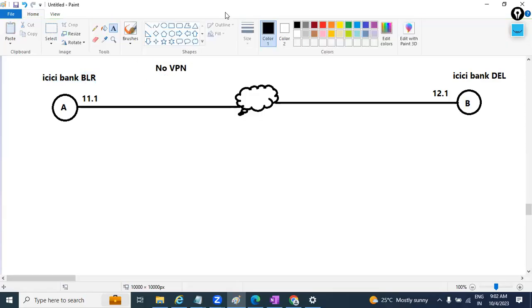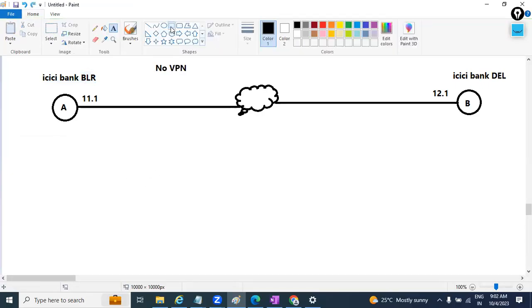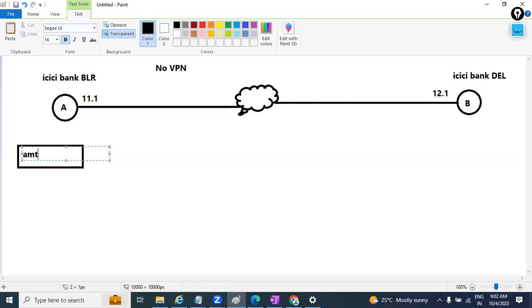There is some customer data here. These are the customer details, like customer information: the customer name and other details like mobile number and so on. This is very crucial data, because as ICICI Bank, I don't want to share my customer details with any other bank.